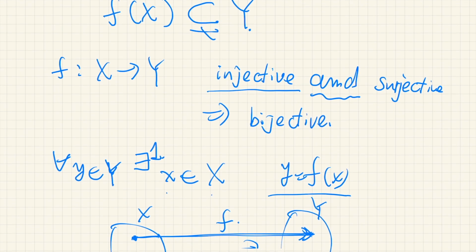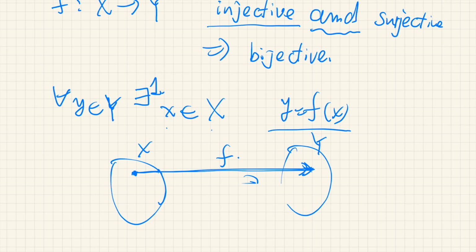So for a bijective map, for every element in y, we have a unique element in x, right? So actually that determines a new map from y to x. So if we pick any element in y, there is a unique element in x. So that new map from y to x is called the inverse map or just inverse of f.